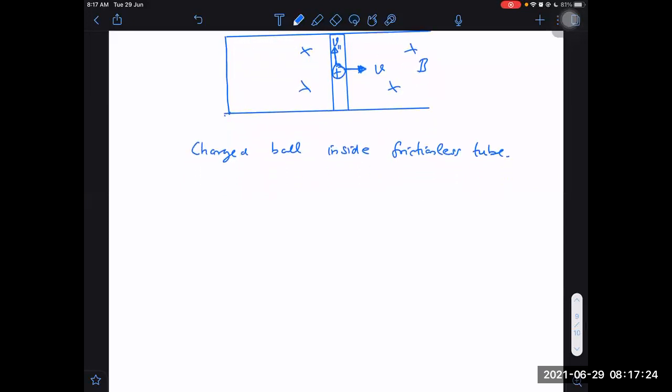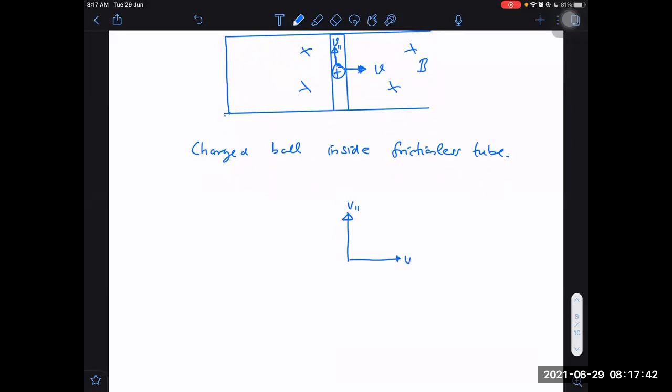Now, see what happens when we are applying magnetic force on this charged ball. Then QV cross B. What is the direction of force? Magnetic force acting upward, V parallel upwards.